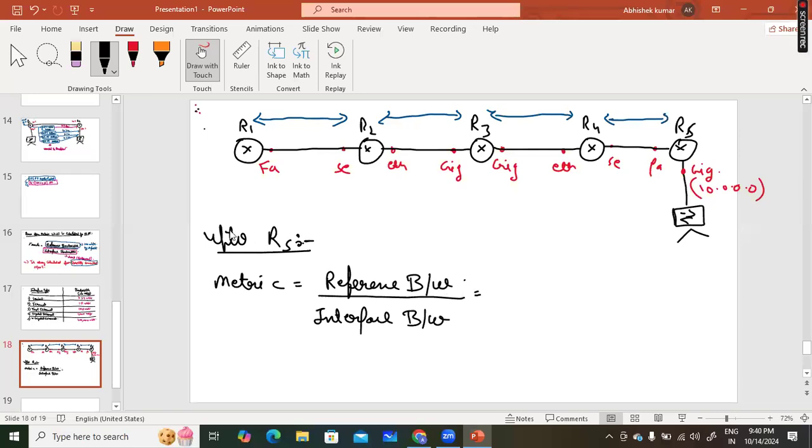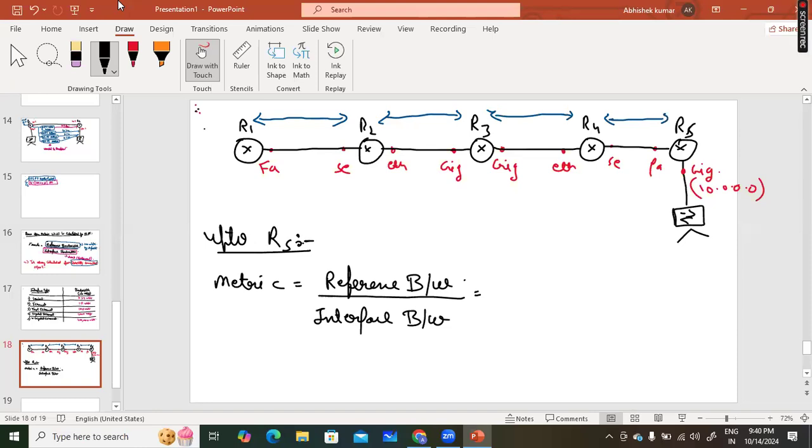So what is the reference bandwidth? What is the reference bandwidth by default? Tell me. 100.